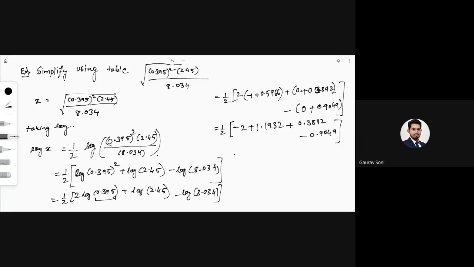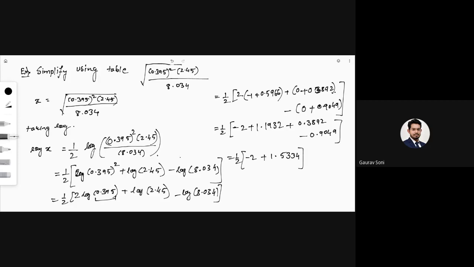So that is 1 by 2 in bracket -2 plus 1.1932 plus 0.3892 minus 0.9049. So that is plus 1.5334. Again, you can do the subtraction.